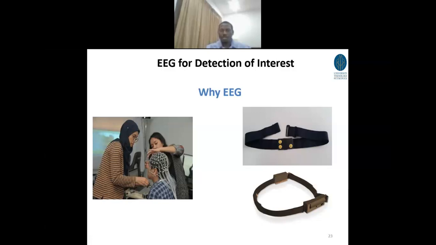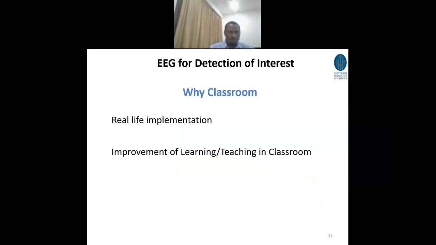At this stage, it will probably be developed in a better way in the long run. So you can get something very simple that is not disturbing during the class, and where you can still get the signals. And definitely all these devices are wireless. So in principle, it is something which is doable.